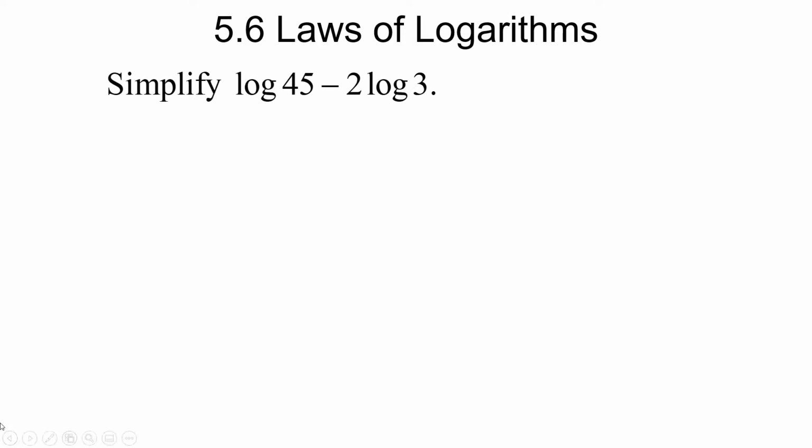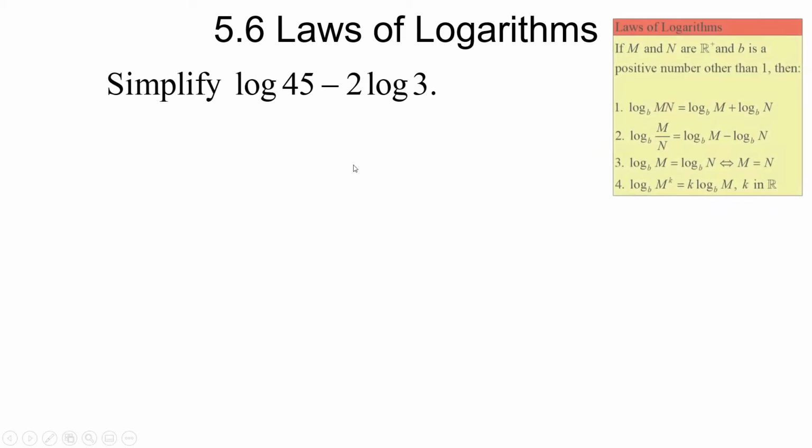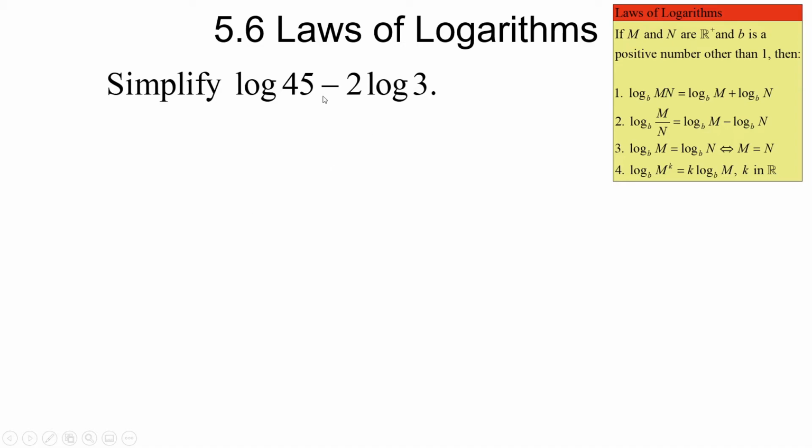Now, is there a way that we can simplify this and get a prettier answer than that decimal? Well, let's find out. Laws of logarithms. Do you see I have the difference of 2 common logs? Well, the log base b of m minus the log base b of n equals the log base b of m over n. So let's write this as 1 common log.